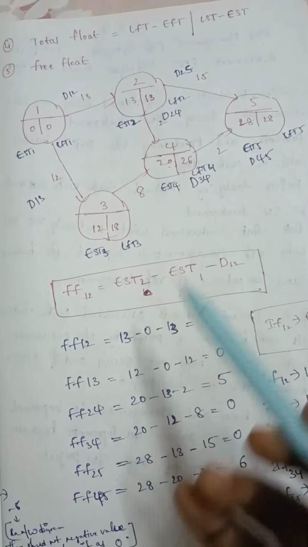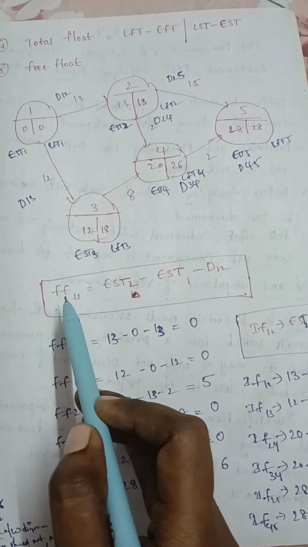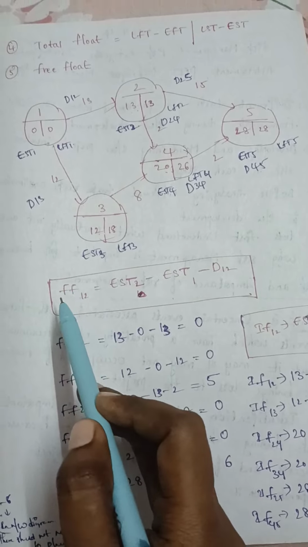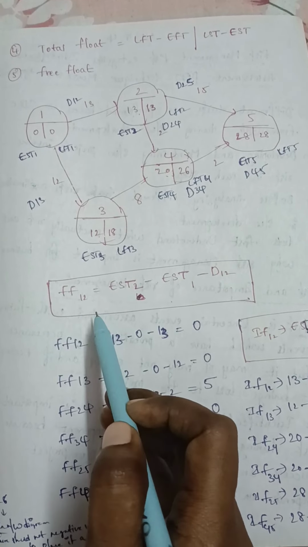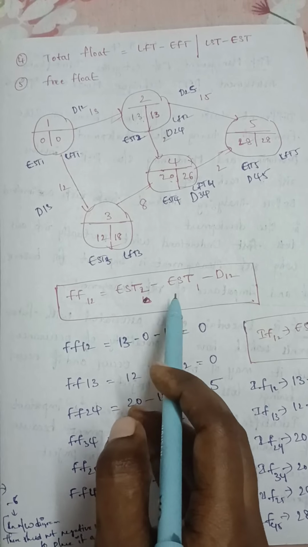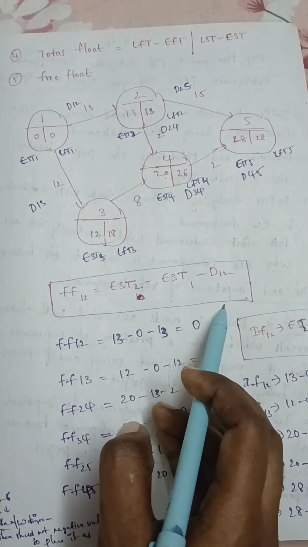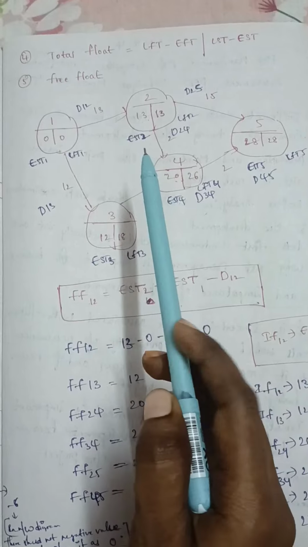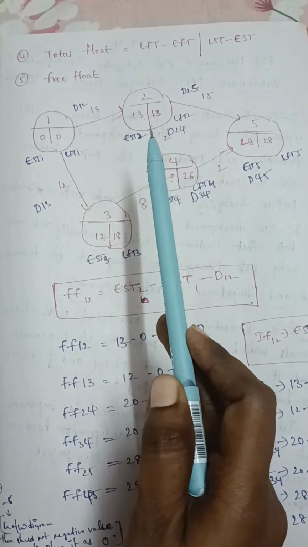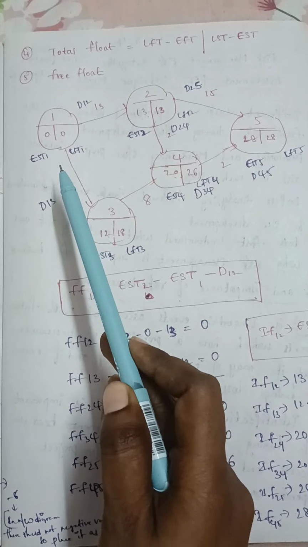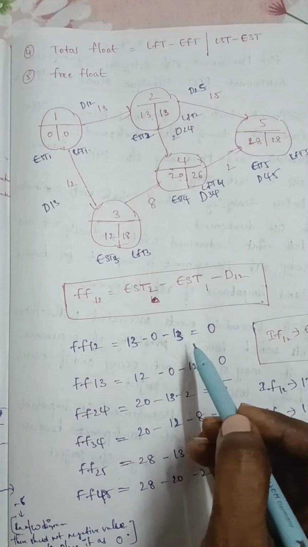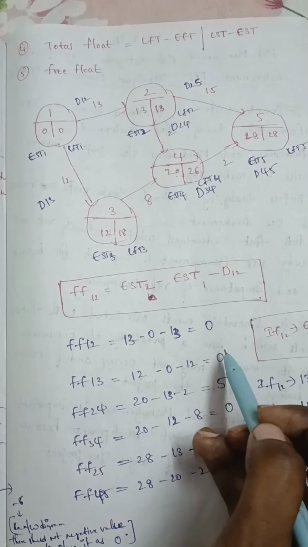And next, the formula for free float. First we take the FF12, the free float for the activity 1 to 2. Here it is EST2 minus EST1 minus D12. For activity 1 to 2, EST2 is 13 minus EST1 which is 0, minus the duration 13, so it equals 0.